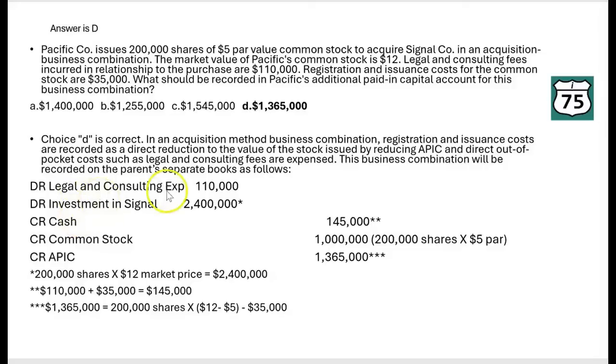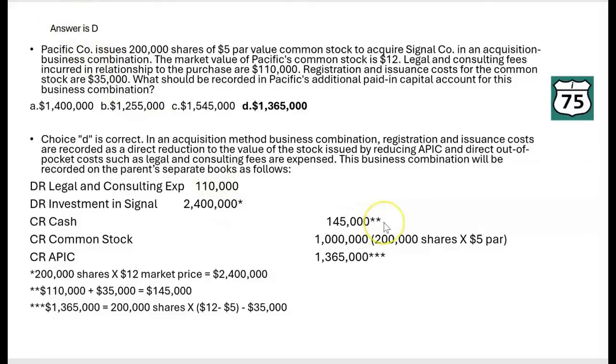They're going to debit legal and consulting expense for that $110,000, and then they're going to debit investment in Signal Corp for the market price of Pacific Company's stock, which is what they issued in order to acquire Signal Company stock. The market price is $12 times 200,000 shares. That's your $2 million debit to the investment account.